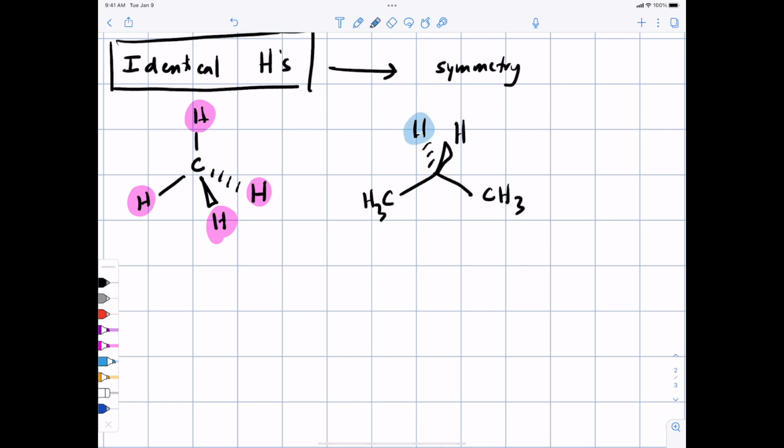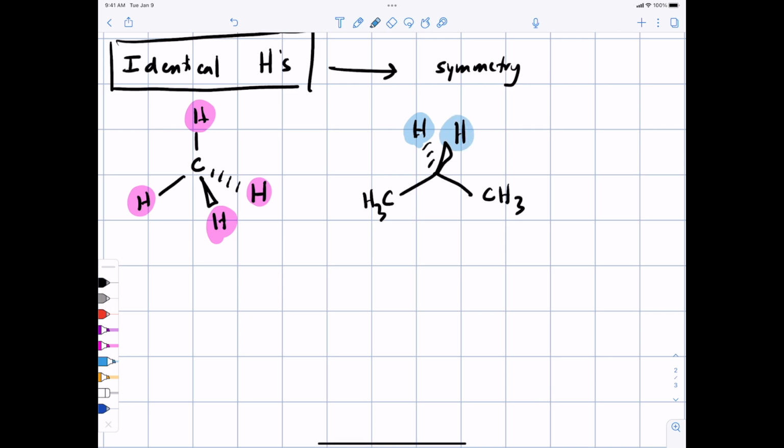Well, what about the proton that's coming out towards you versus going back in the page? They're the same. How? Why? Mirror symmetry. So 2 protons can be the same because of mirror symmetry, rotational symmetry, or pancake flipping operations or whatnot, right? So if the plane of the page is a mirror, the proton in the back is identical to the proton in the front.